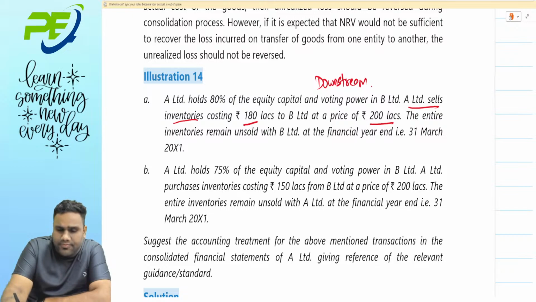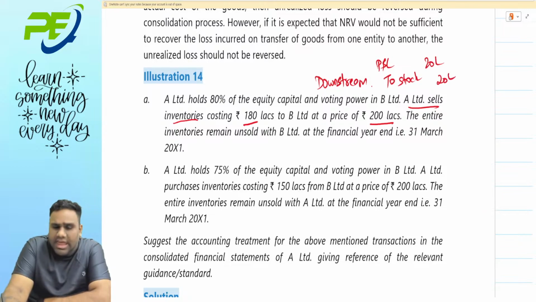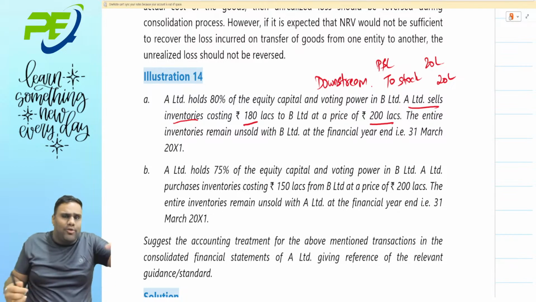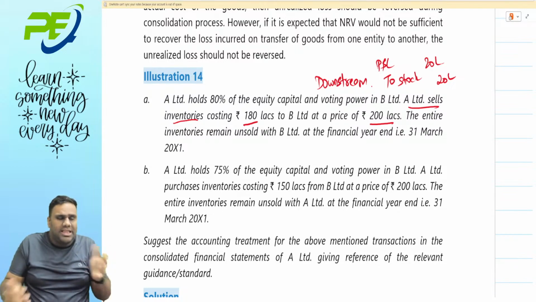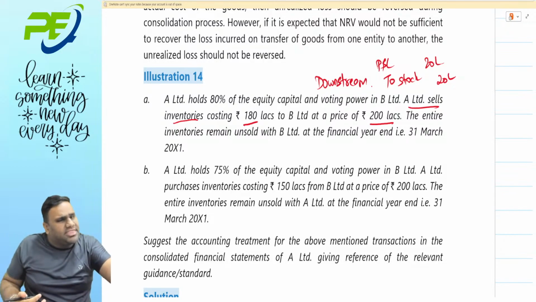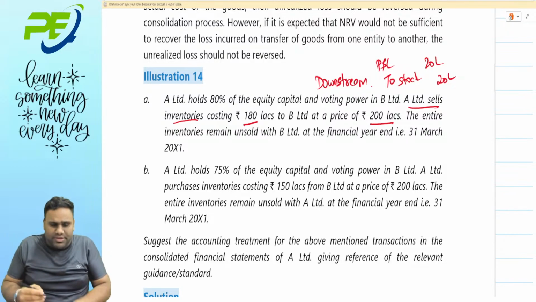Journal entry: P&L to stock, amount 20 lakhs. If they say 30% or 40% is in stock, then from this 20 lakh you will take 30% or 40%. 20 lakh is for the total inventory. If 30% is in stock, we will reverse only 30%.